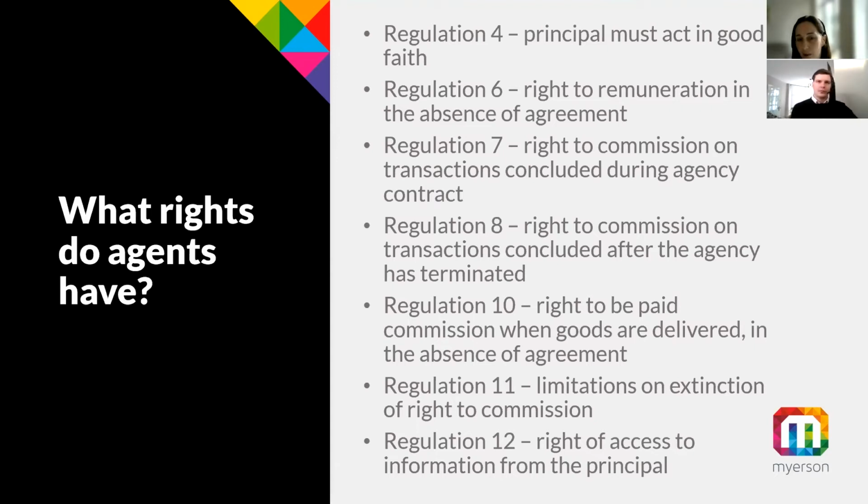Either where the principal has terminated the agency due to no fault of the agent, or where the agent terminates the agency himself or herself because of a fundamental breach by the principal, or if the agent retires due to age or illness. And that is something that we will look at in a later webinar. And finally, the agent is entitled to statutory notice of up to 3 months, where the notice must end at the end of a calendar month.